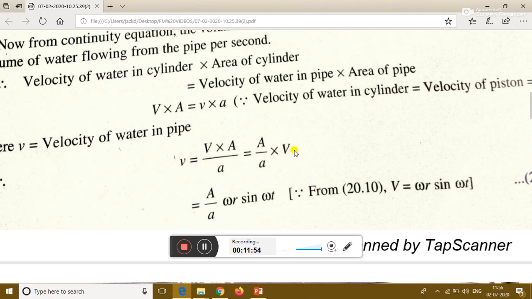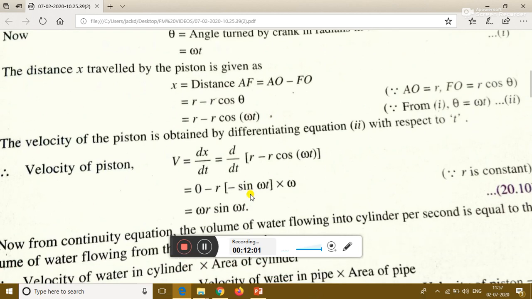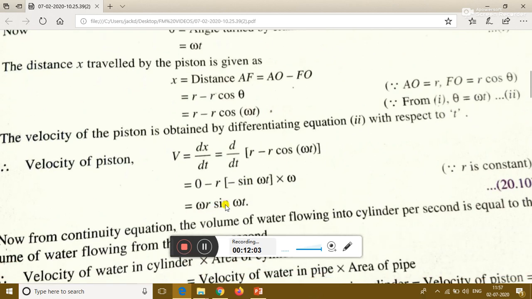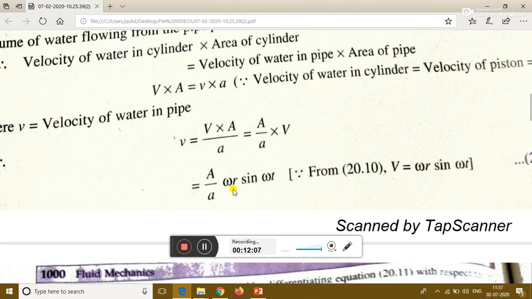Now what is this capital V? This capital V is derived here. It is omega r sin omega t. So it becomes A by a into V, which is A by a into omega r sin omega t. So this is what is done till here. Just remember that first we wrote the expression for x, which we got as r minus r cos omega t.